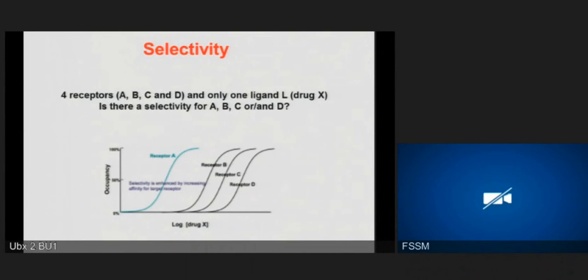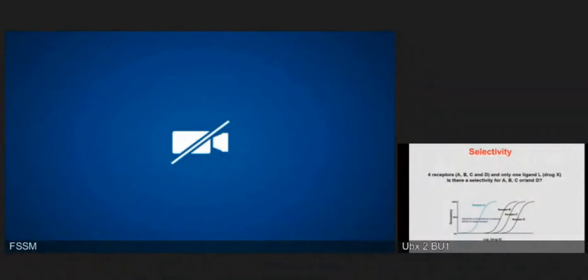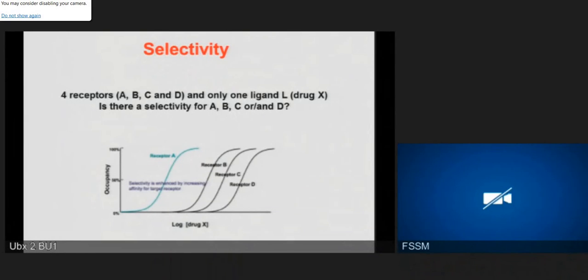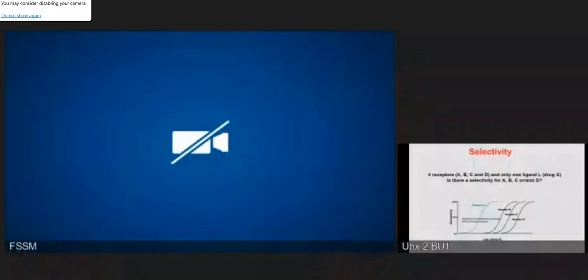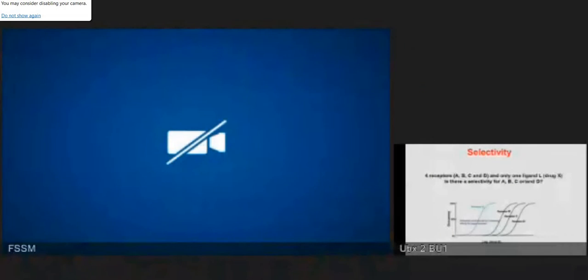So in what you say, I could also indicate that maybe there is a selectivity of X from B to D. What do you think? That's right, I guess. Okay, so at the end, we don't have selectivity. Well, we can talk here about affinity, no? I mean, the affinity of ligand L is different from a receptor to another.